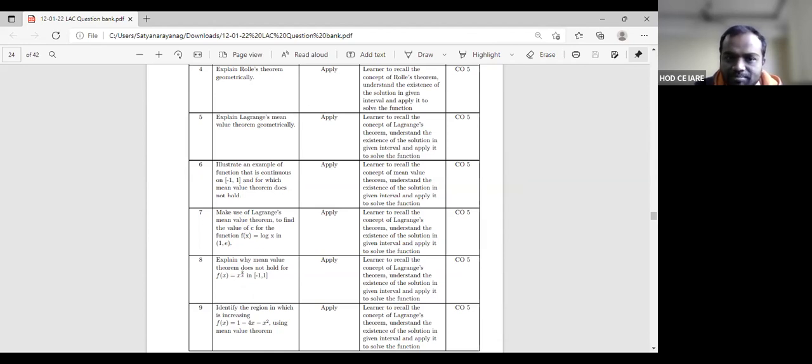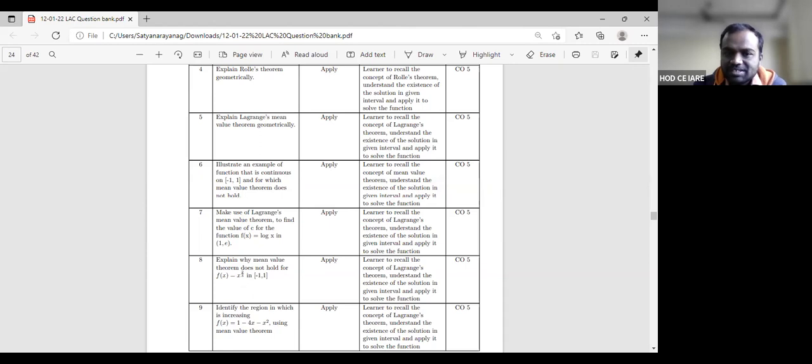Explain why the mean value theorem does not hold for f of x is equal to x to the power of 2 by 3 in minus 1 comma 1, because of differentiability. It is not differentiable at x is equal to 0. At x is equal to 0, f of x is equal to x to the power of 2 by 3 is not derivable.